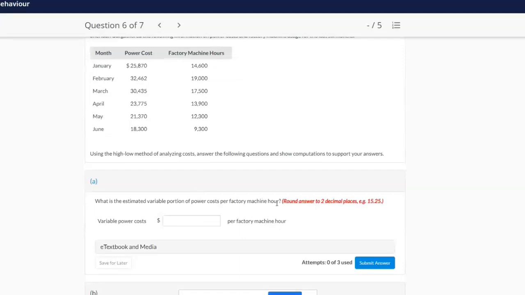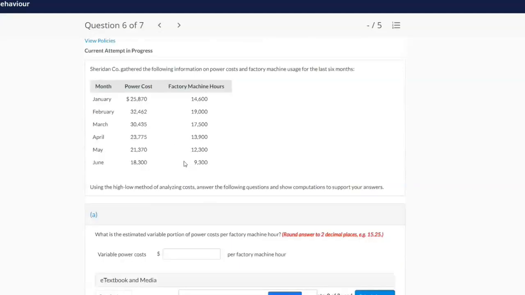The level of activity is the factory machine hours. So what is the highest level? Which month? 19,000. January is the high. Where's the low? I think it's down there in June. June. Okay.